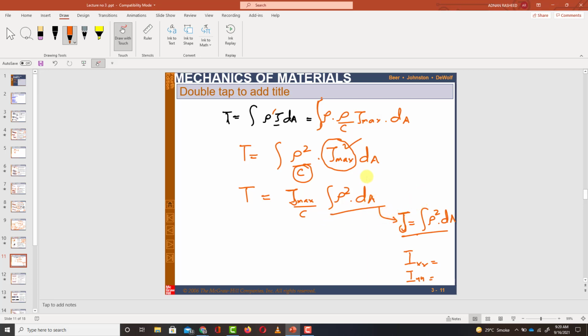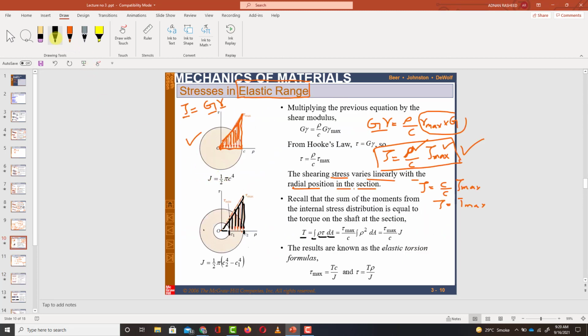So instead of writing this whole term, you can easily put tau max into c over J. This J is the polar moment of inertia, and the value of J for different shapes is different. For a circular solid shaft, it is pi by 2 c^4, written over here, or pi by 32 d^4 if you have the diameter.